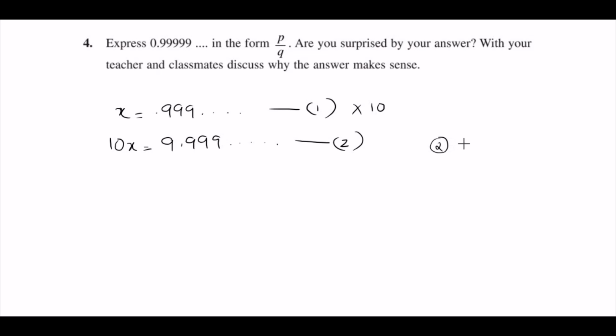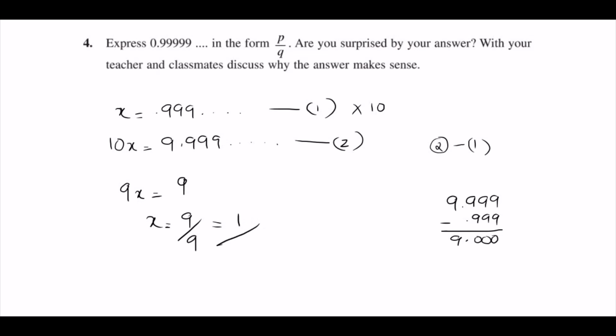Now subtract the first equation from the second equation. So you get 10x minus x is 9x. 9.999 minus 0.999. So you get 0.9. That is 9. So x is equal to 9 by 9, that is equal to 1.